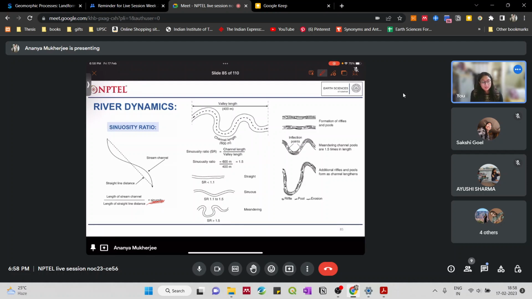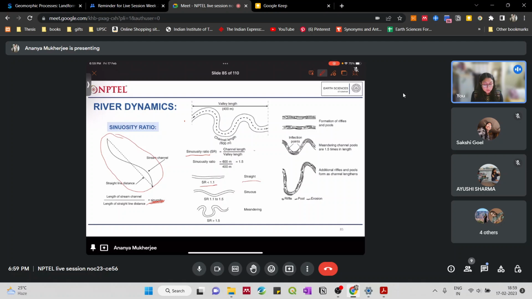Okay, so sinuosity ratio is the channel length upon the valley length. This is again similar to this only, but now we are considering the valley, and this could be done in smaller segments, and it can be done at larger segments also. So if your sinuosity ratio is below 1.1, it's a straight channel.